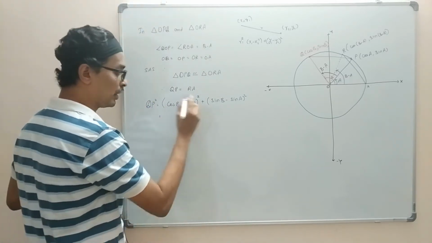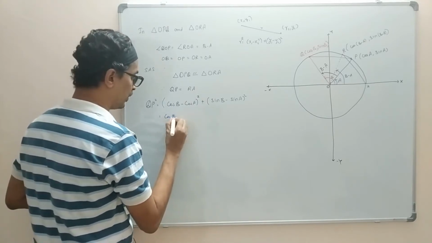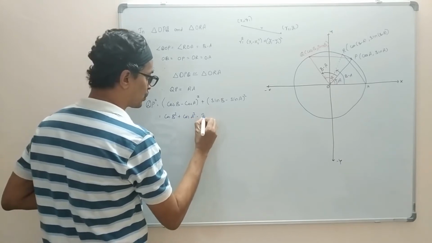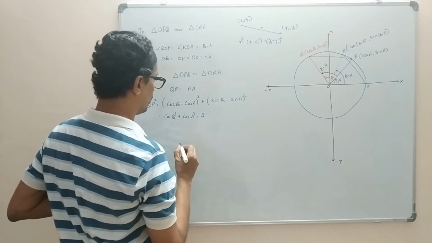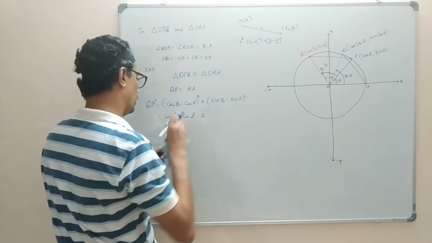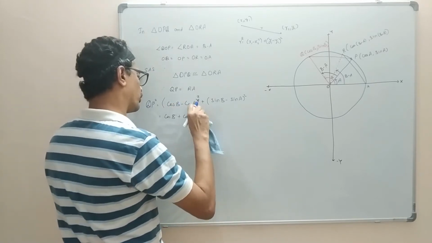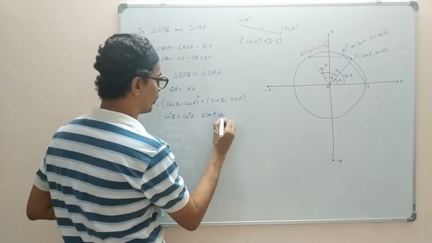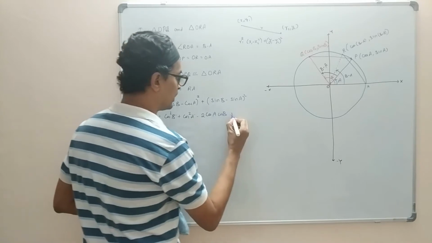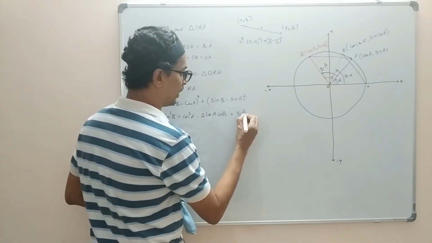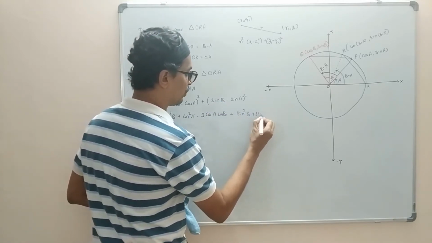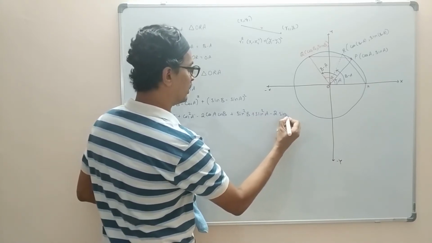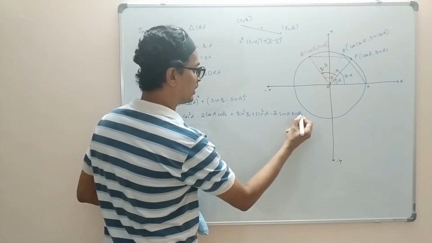You know the a minus b whole square form, right? Cos square B plus cos square A minus 2 cos A cos B. Then plus sin square B plus sin square A minus 2 sin A sin B. Correct?